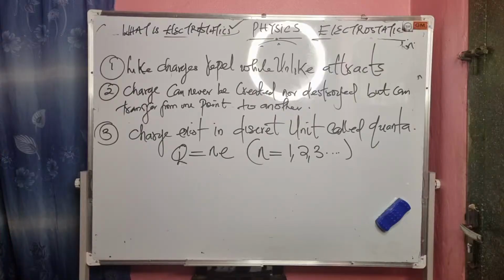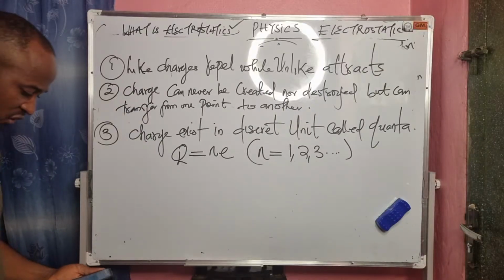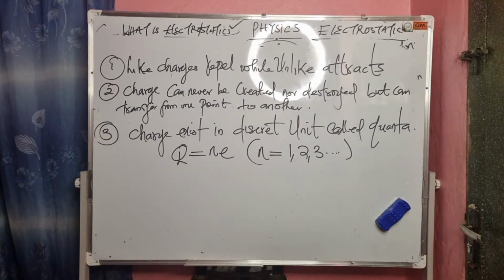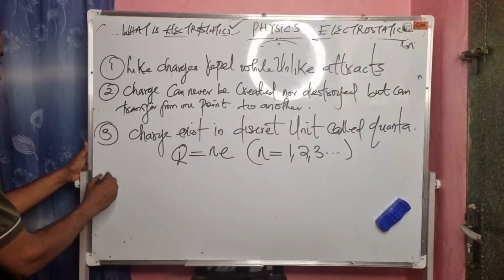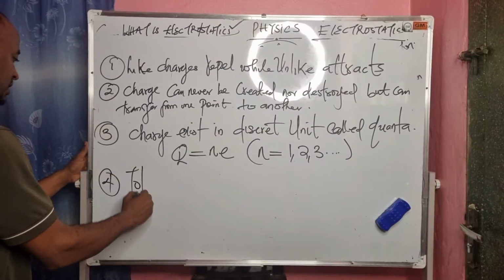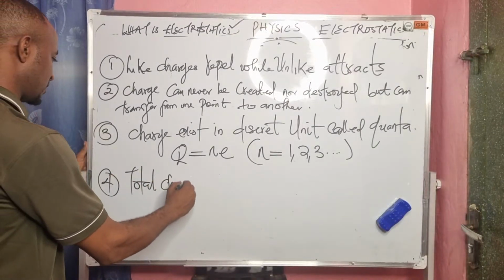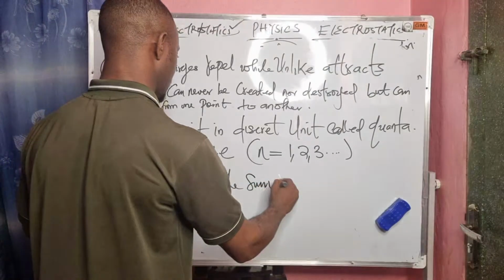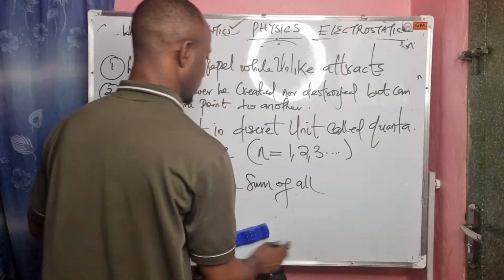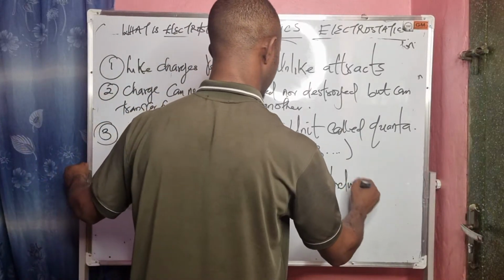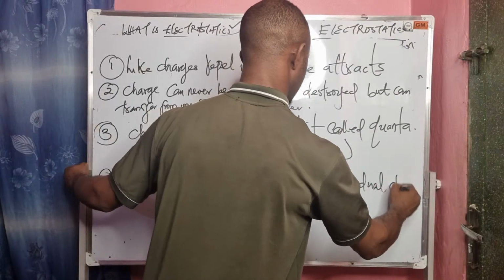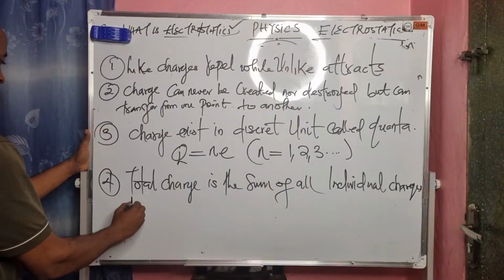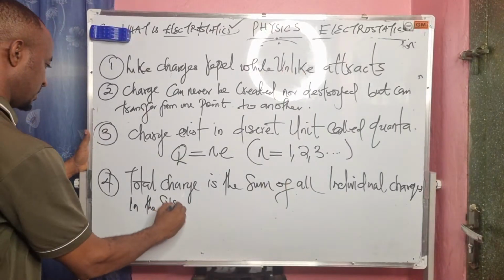The fourth one is that the total charge of a system is the sum of all individual charges in the system.